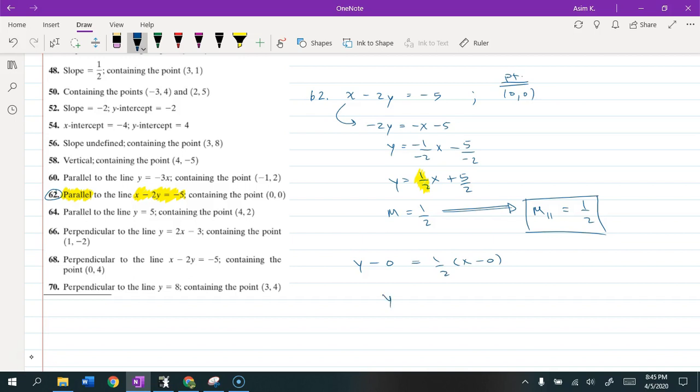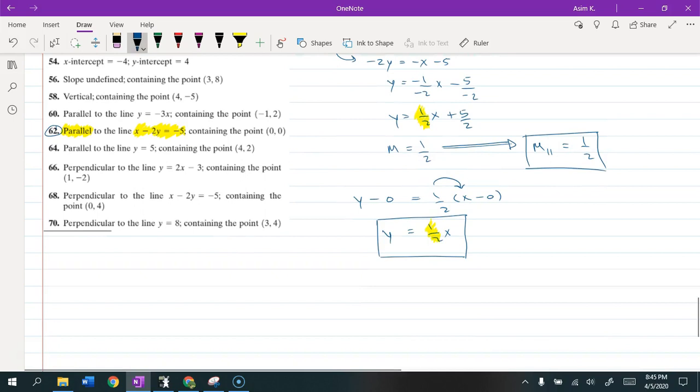And therefore you'll have y is equal to 1/2 x, and that is the equation of your line. Again, you'll notice that the slope of your line and the slope that's already previously highlighted up here are the same, and that makes sense because that's the very definition of parallel lines. All right. Number 64. All right.